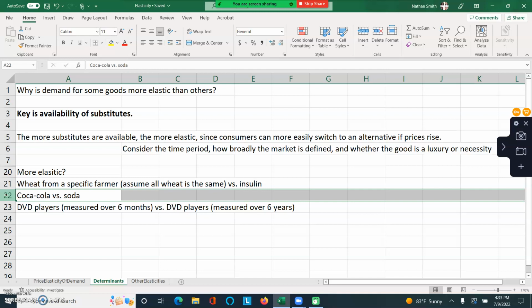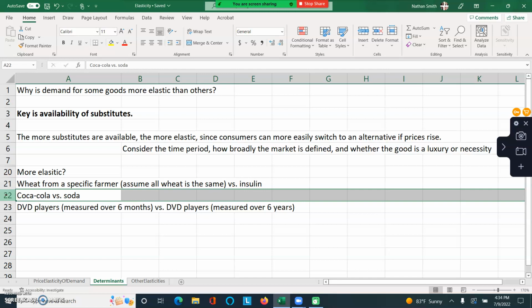Yes, I know I probably have listeners thinking Pepsi and Coke are not the same, but they are somewhat substitutable within the same product category. If soda overall became more expensive, there are fewer substitutes for soda in general as a broad category than there are for a specific product within the category like Coca-Cola. So Coca-Cola is actually going to have the higher elasticity.